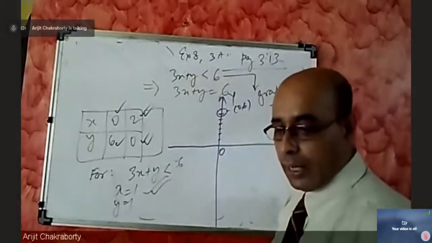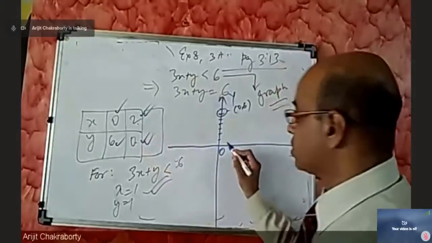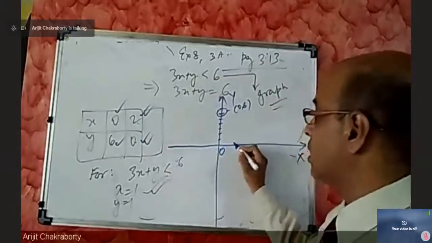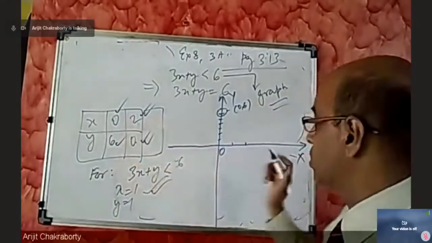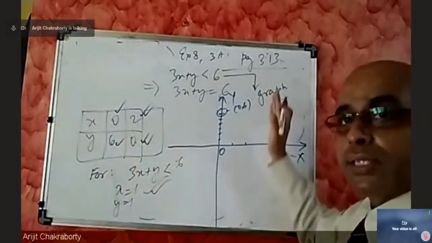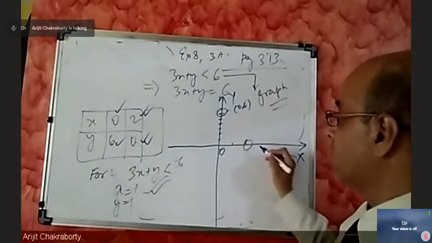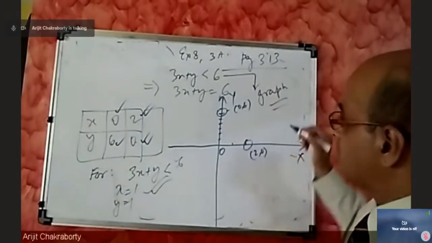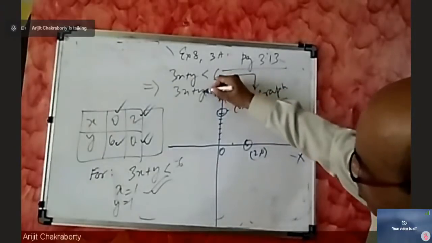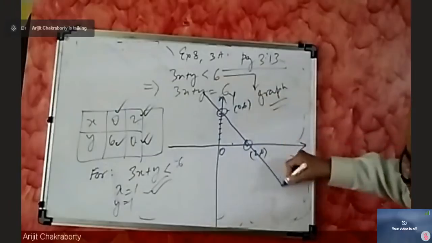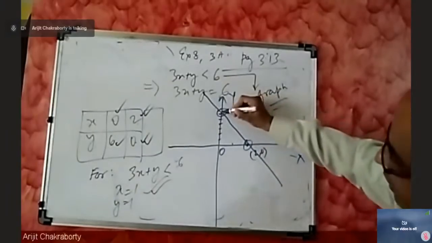Then we take 2 and 0. So 2 and 0 means 1 and 2, positive side because x is plus 2, and no movement on the y-axis. So this point we can say is 2 and 0. So we pass a straight line through these 2 points, approximately like this.